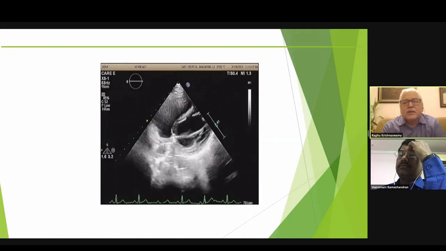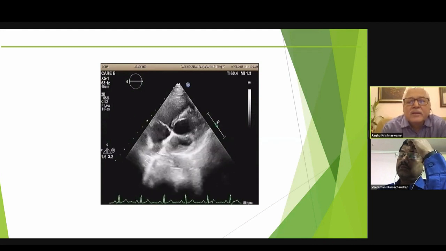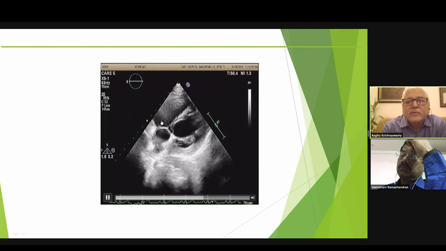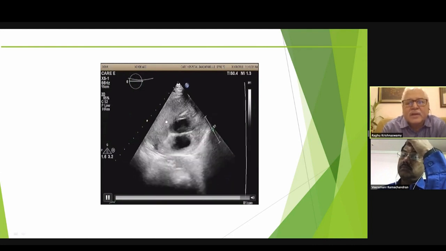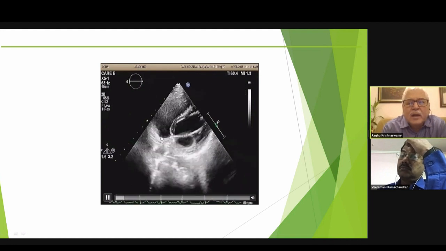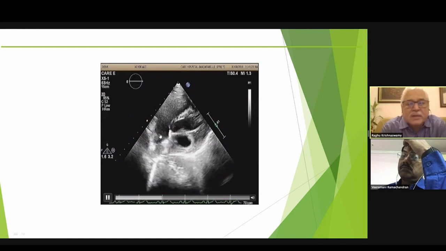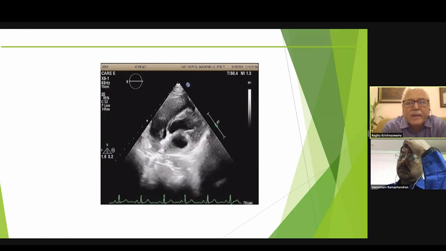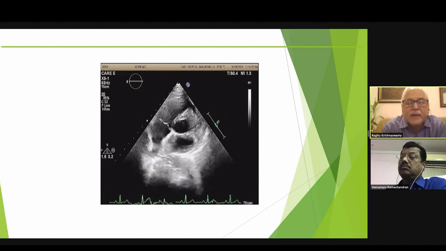Now, this was what was first seen when we did the echo, and that showed that the right ventricle is contracting well. And if you notice, the right ventricle also is not very dilated. You see what looks like a small mass, at least in the transthoracic echocardiogram, possibly attached to the tricuspid valve, tricuspid annulus.